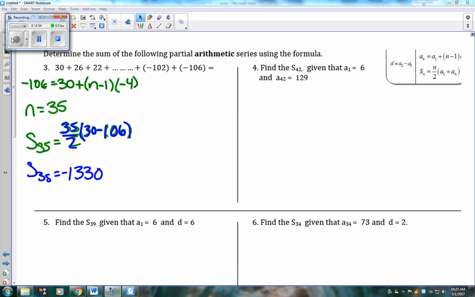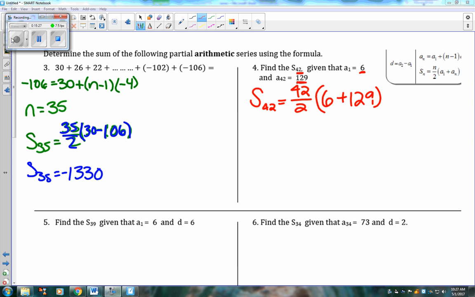You want to do number 5? Yeah, sure. Did you steal her Skittles? D is the common difference used in the explicit formula. Yeah, I'll do 5.